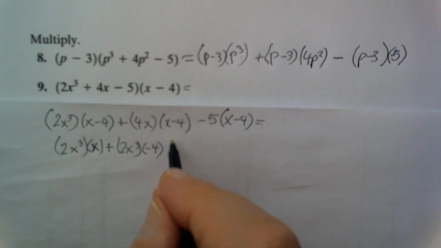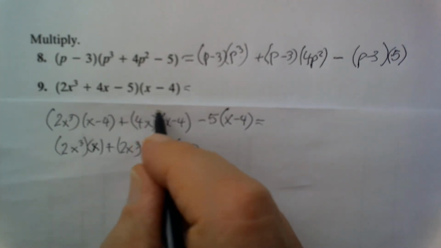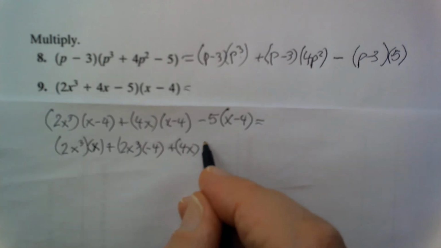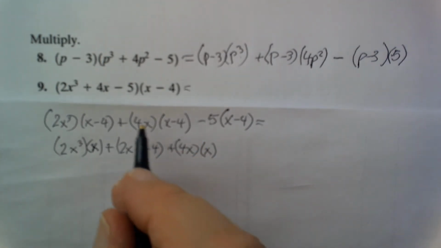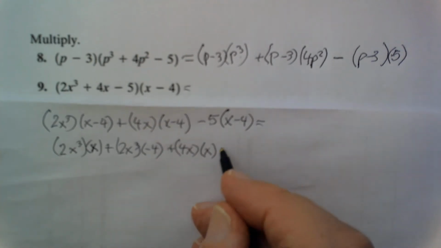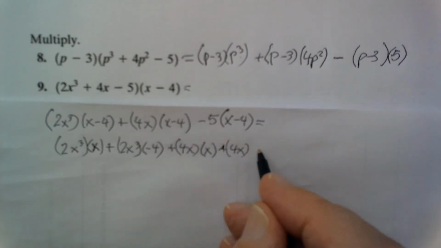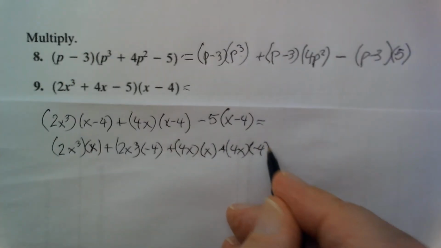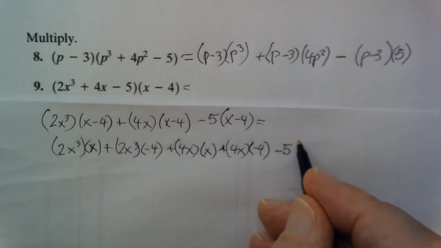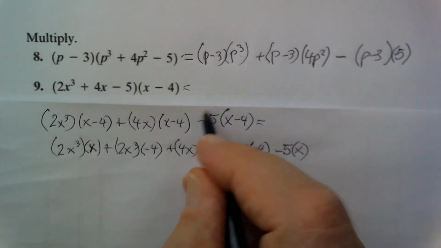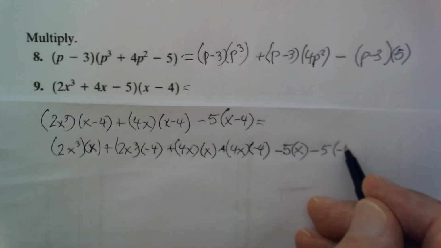And then we have 4x times x. And then we have 4x times negative 4. And then minus 5 times x and minus 5 times minus 4.